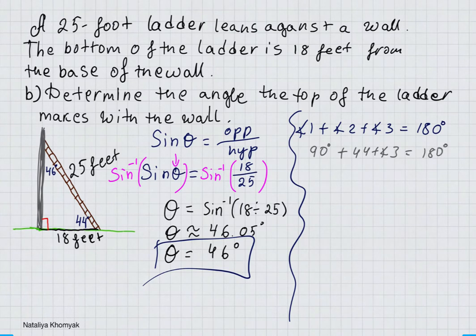To solve for the third angle, we would subtract 90 from both sides. We would also subtract 44 from both sides. And we would find that the third angle is equal to 46 degrees, which is the same answer as we got with trig. But it only works if you have 2 out of 3 angles.